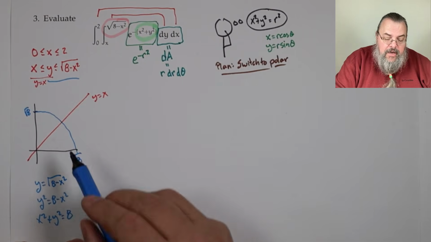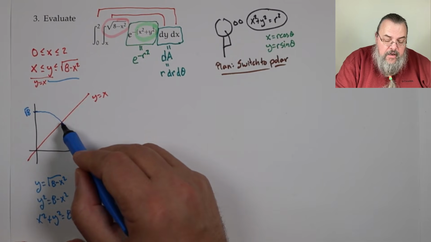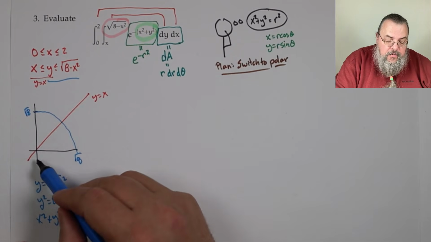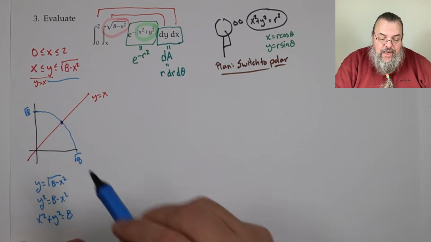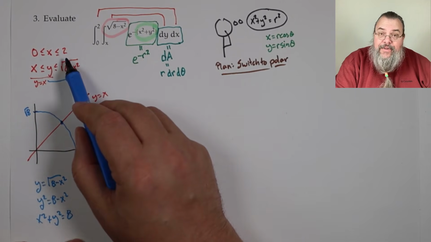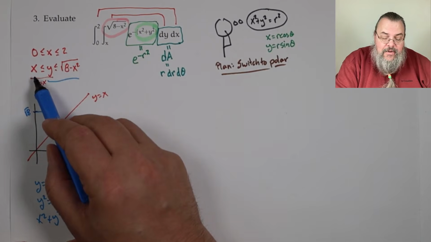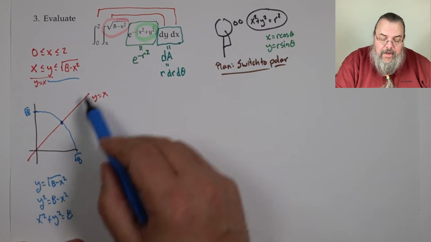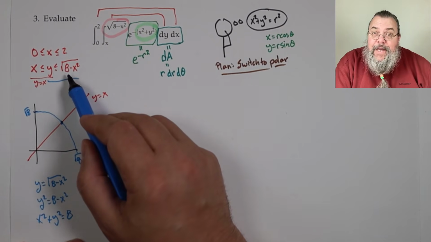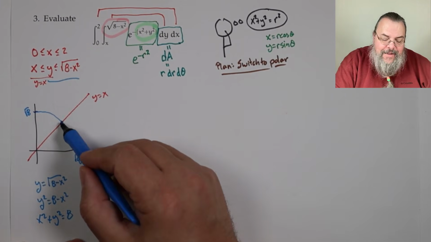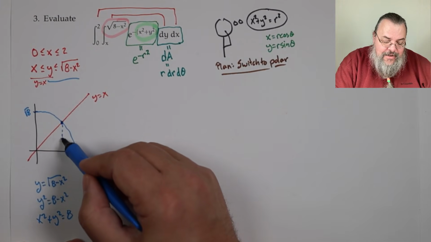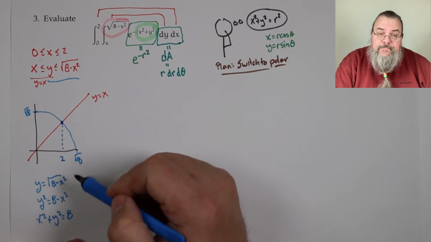Now, think about what's going on. We're going from 0 to 2, and you might say, do these intersect? Well, let's just check. When you plug in x equals 2, you get 2. That's from y equals x. Here you get square root of 8 minus 4. That's square root of 4. That's 2. So they actually do intersect here at 2.